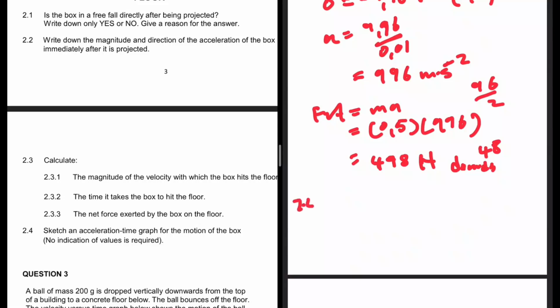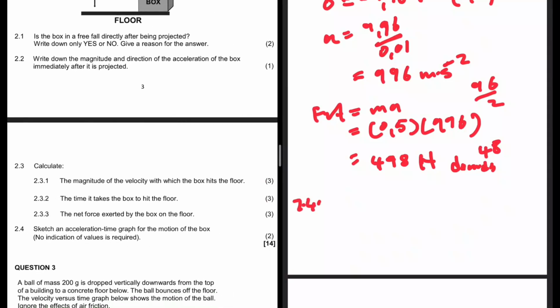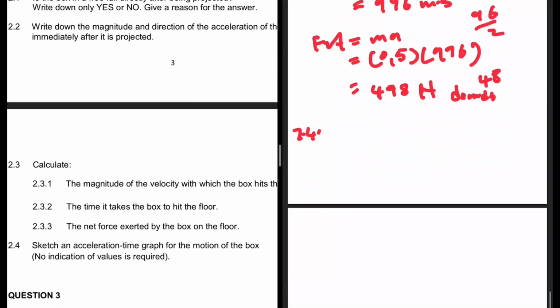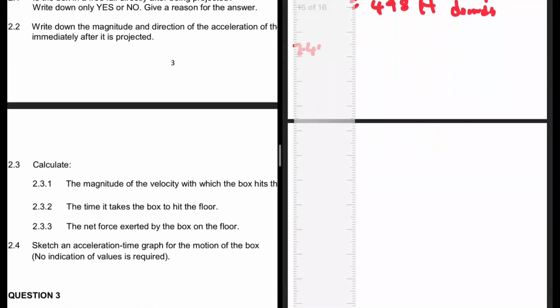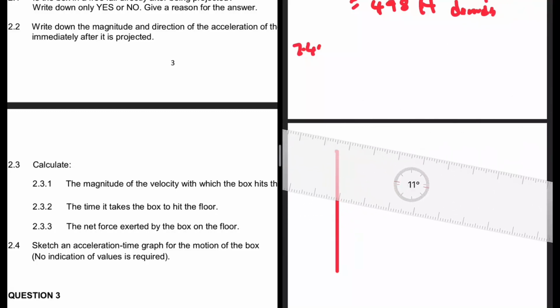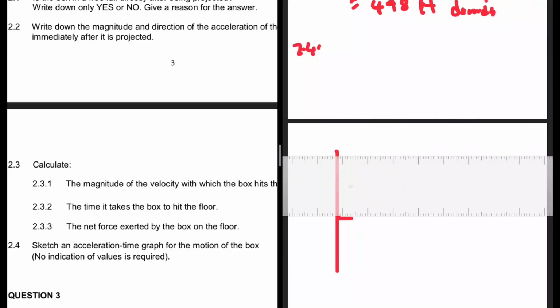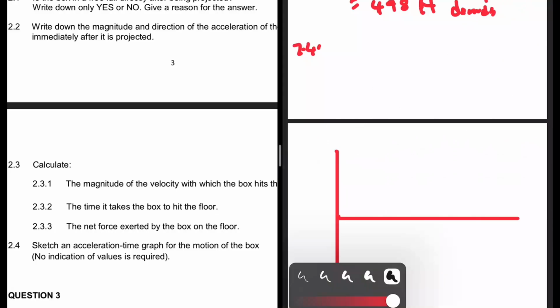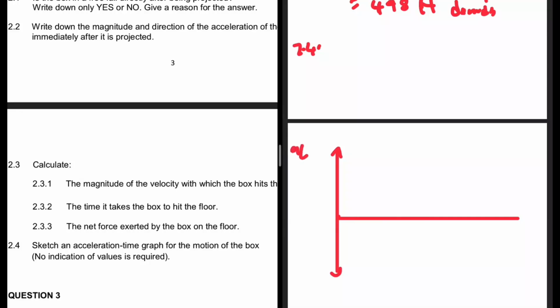What about 2.4? Sketch an acceleration-time graph for the motion of the box. No indication of values is required. Right. Okay, so let's do that. So the y-axis and the x-axis. This is the acceleration in meters per second squared.